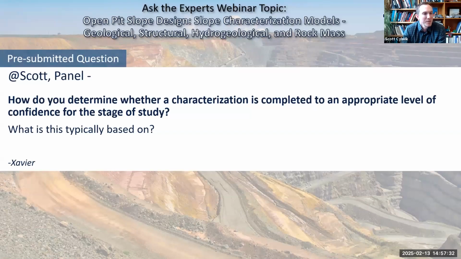In those cases, we might say we need more drilling to really be at feasibility level for this particular deposit. So it'll come down to the mining company's risk tolerance, where the mine's located, and then how the QP on the study or the engineer of record on the study feels and determines what is needed to call a certain level of confidence for an individual pit.